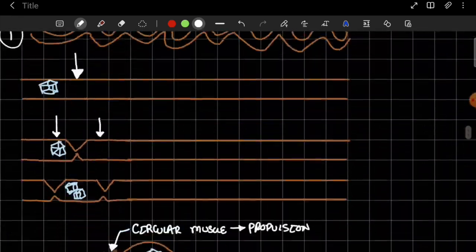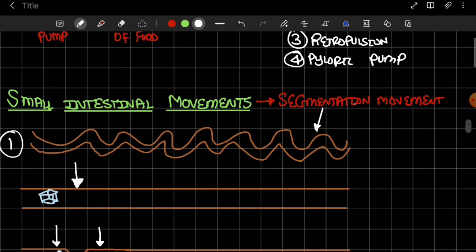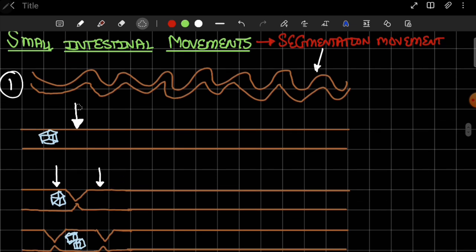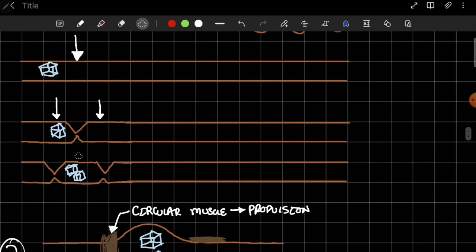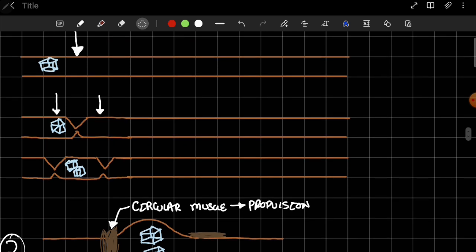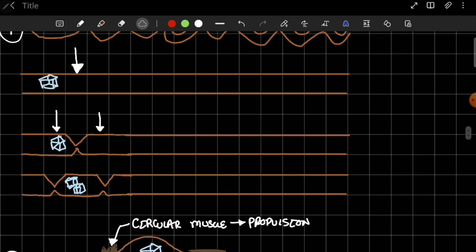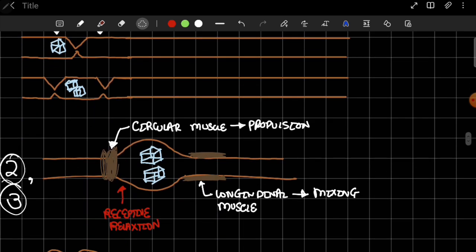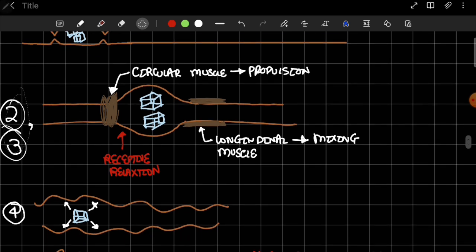What we saw in the small intestine movement: at first, the segmentation contraction, in which we create segments like this. This is one segment, here another segment, and the food will be propelled in the large intestine direction. Then the second and third, the propulsive movement and the mixing movement by the circular muscle and the longitudinal muscle.